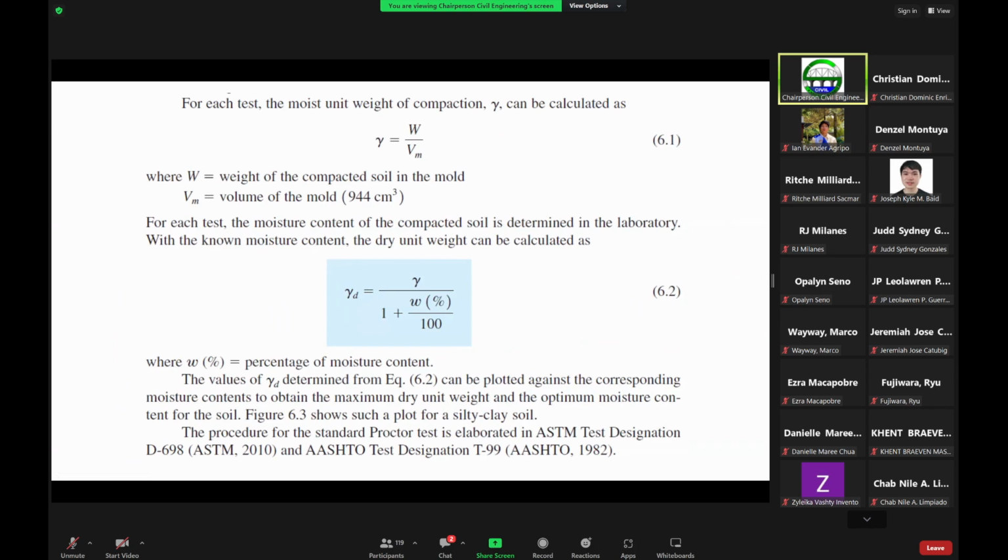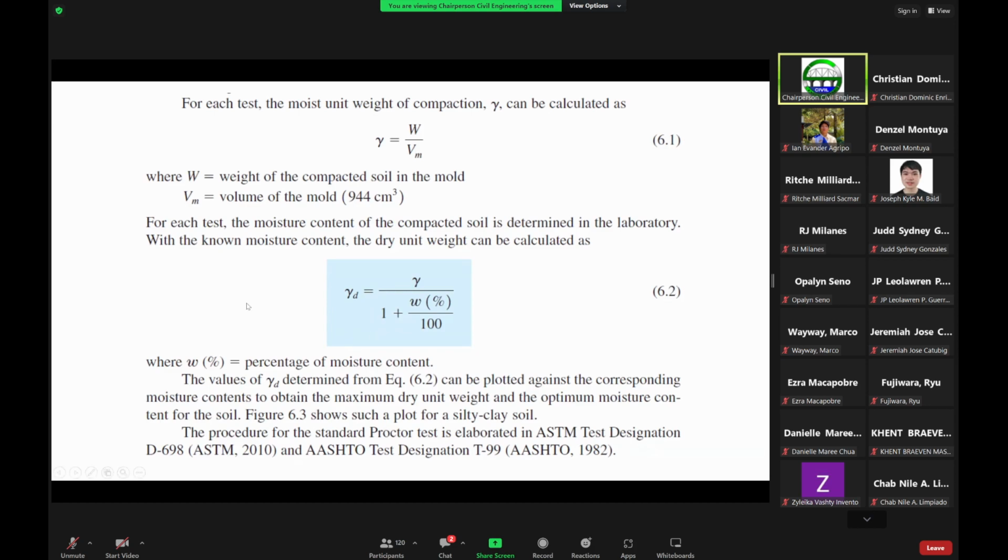Now for each test, the moisture content of the compacted soil is determined in the laboratory using the oven.